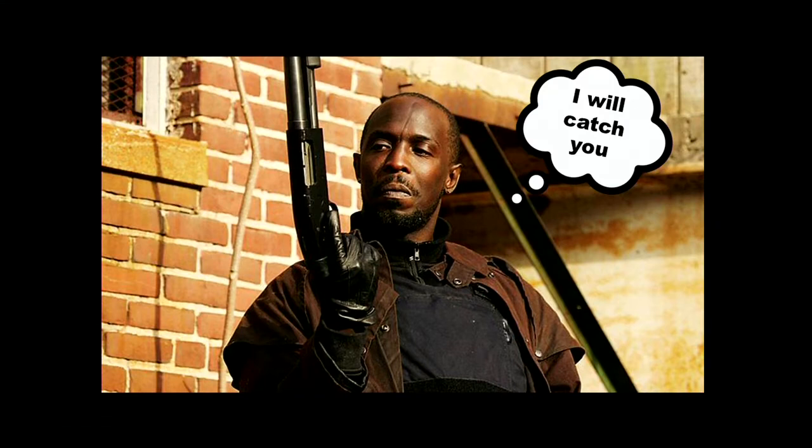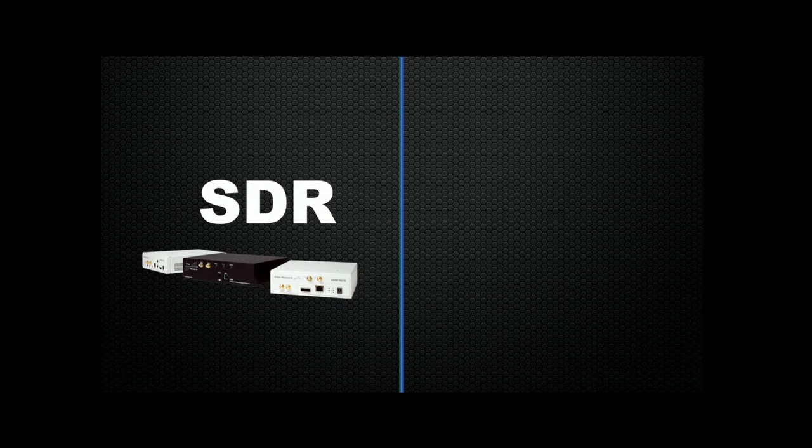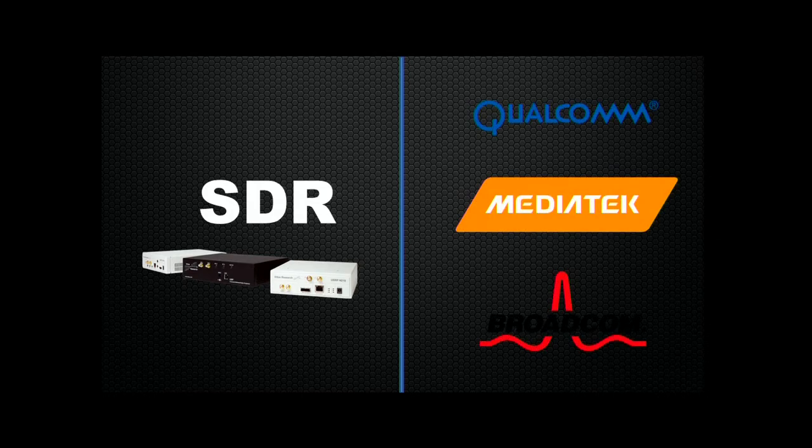So how can we use these criteria to try to find the fake stations? The first tool we have is the SDR. SDR is the software-defined radio that can tune to the frequency that we need and decode the signal and use it through the computer.